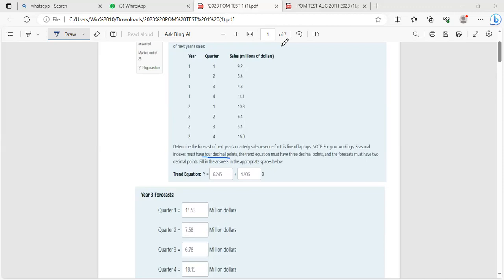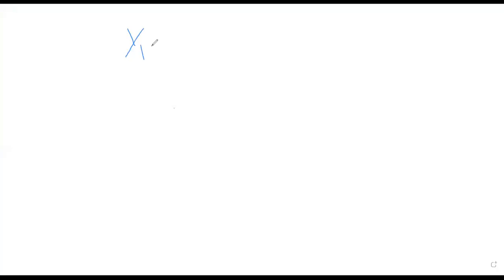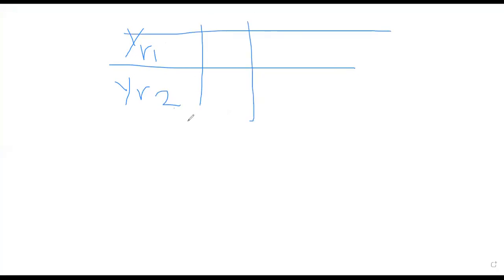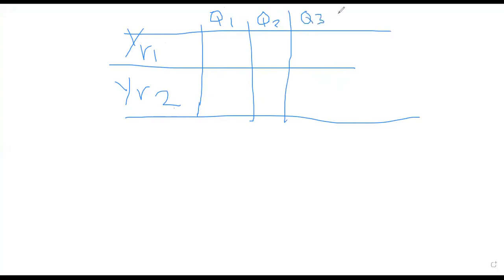So on this one, the question was like, you are given year one and year two, and under this one we had quarter one, quarter two, quarter three, and quarter four.